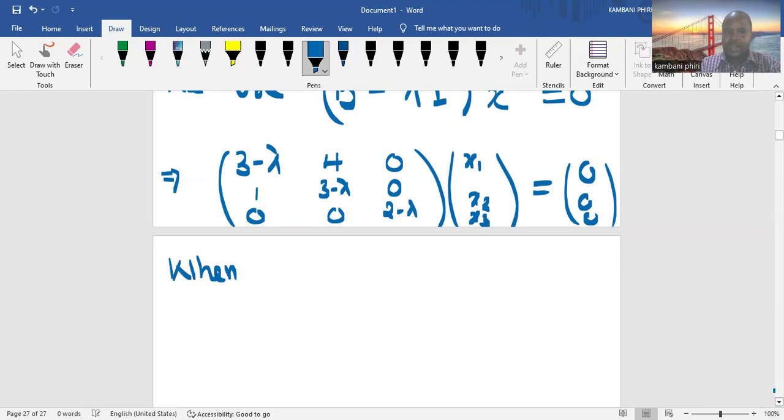Now, when lambda is equal to 1, what do we get?